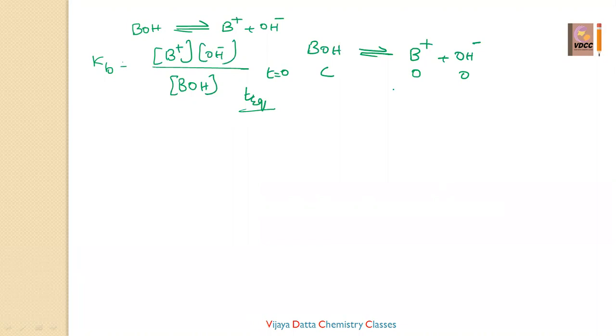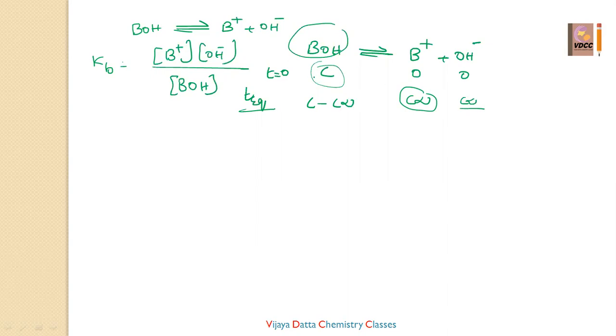Then some of the reactant will be consumed, taken from the initial concentration. The amount consumed is C alpha, and the product formed for B plus is also C alpha. So C minus C alpha remains from the reactant.